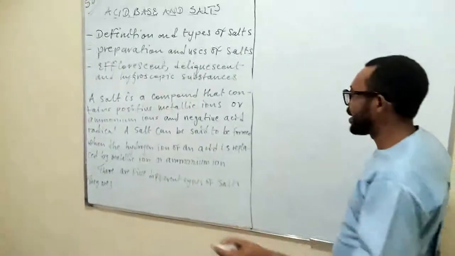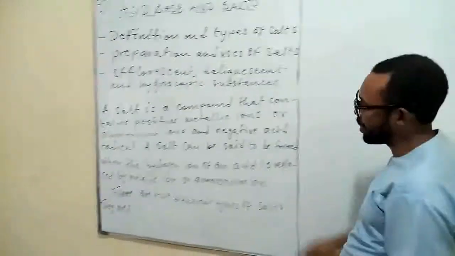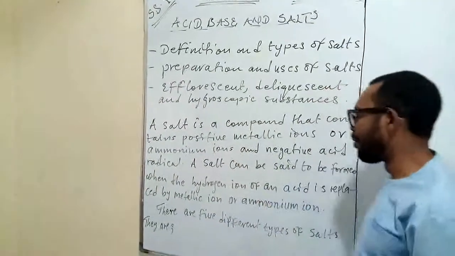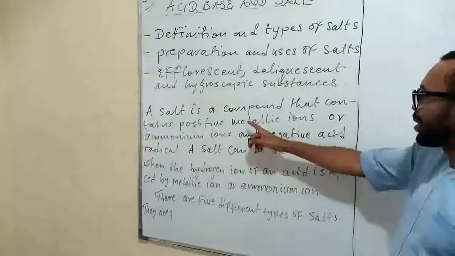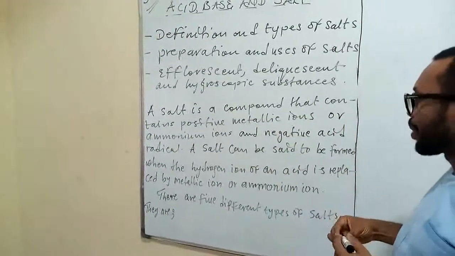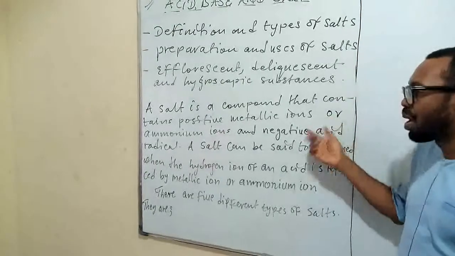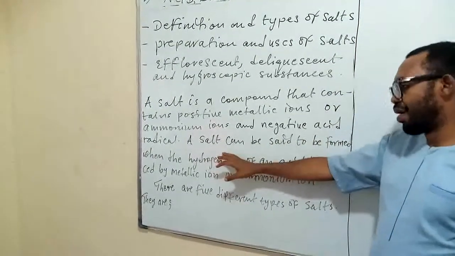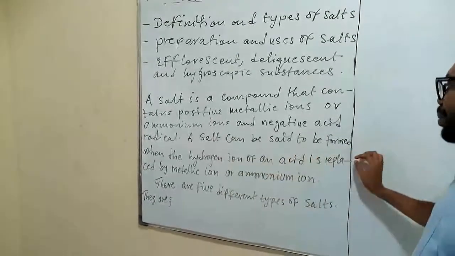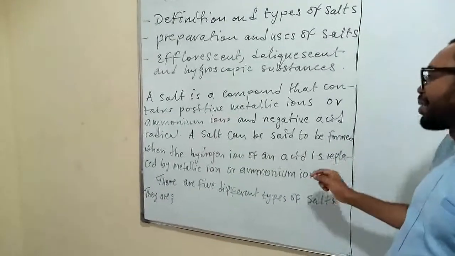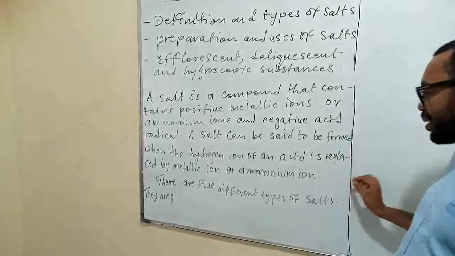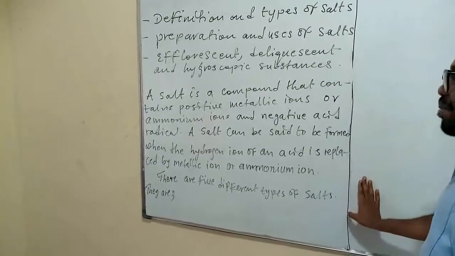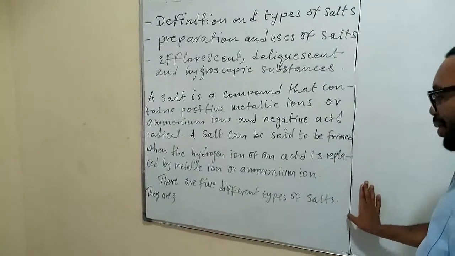As we explained earlier, before I gave you a concise definition on the board, we said that a salt is a compound that contains positive metallic ions or ammonium ions and negative acid radicals. A salt can be said to be formed when the hydrogen ion of an acid is replaced by a metallic ion or ammonium ion.